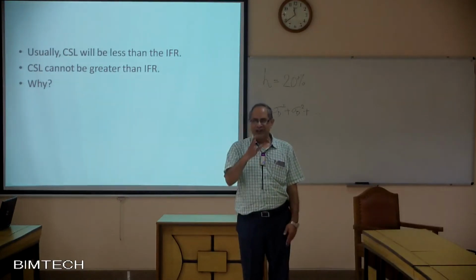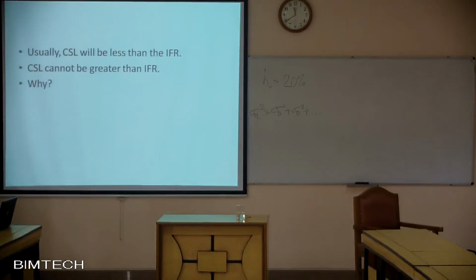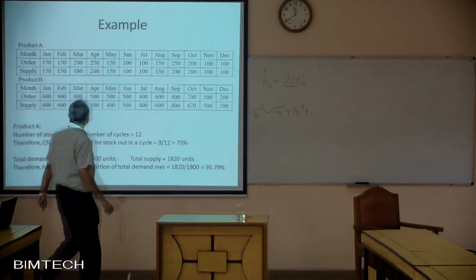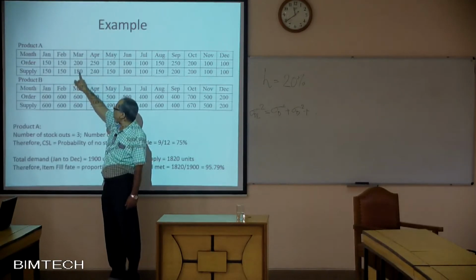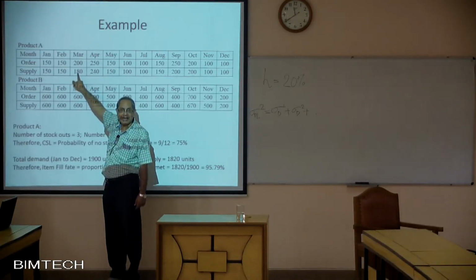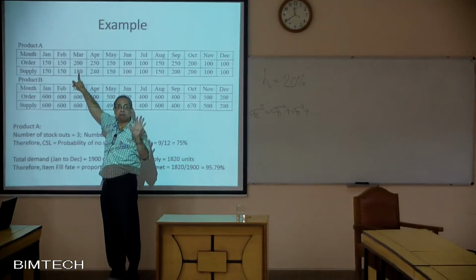To understand this, let us go back to our example. Let us look at the month of March. Now, the month of March for CSL calculation will be counted as a full month stocked out. We have 12 periods, and this is one period gone, stocked out.